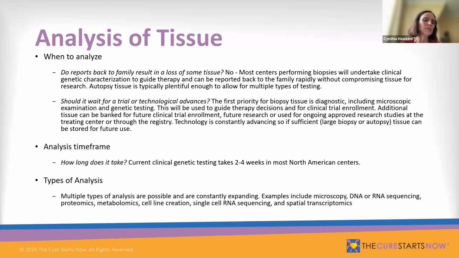But again, most centers, certainly in Canada and the United States, have the capability of doing some genetic testing or can send it out to get that genetic testing done. That would be the number one priority. That can be used to guide therapy decisions and for clinical trial enrollment. Any additional tissue could then be banked for a future clinical trial, should a new trial come up that requires tissue or a different type of testing to be done, so that tissue is available for that.